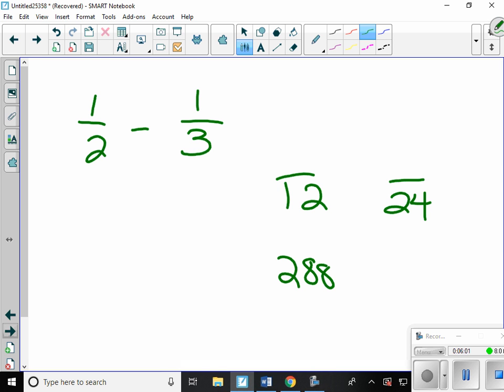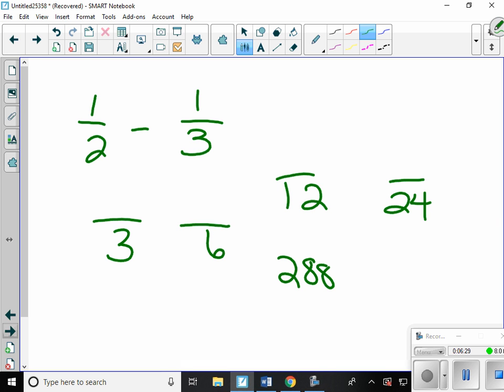So it's not wrong to just multiply, because sometimes that's what you do, but when your goal is to find the least common denominator, sometimes doing the T-chart, even for 3 and 6, if I multiply those together, I find it's 18.